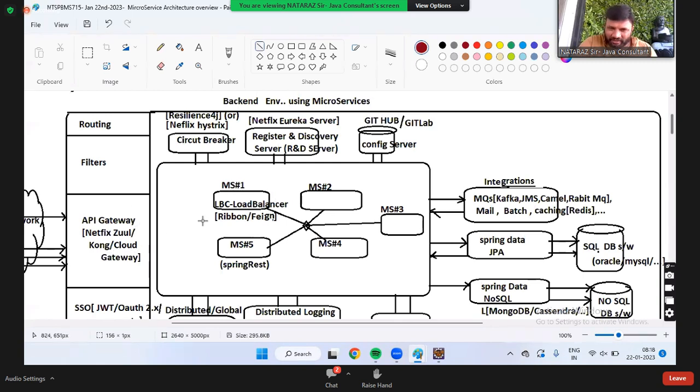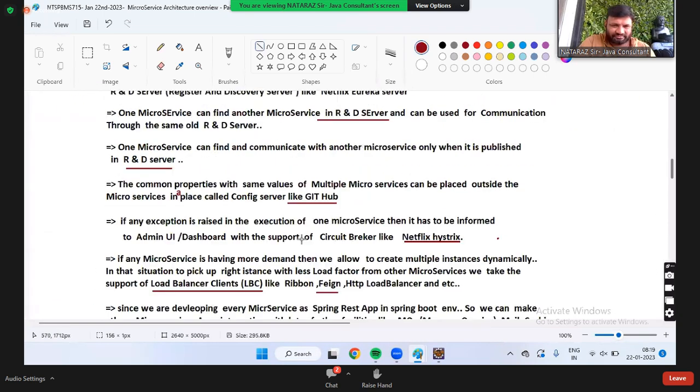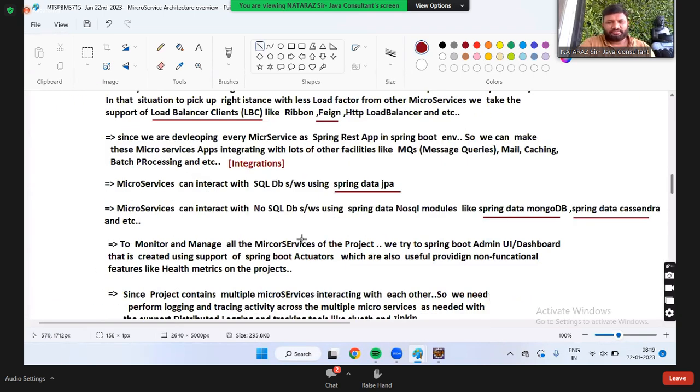From the API gateway only, the load balancer takes the request and picks up the right instance. Sometimes we can integrate the load balancer in the API gateway itself. Got it? Super. Don't go by arrows every time.